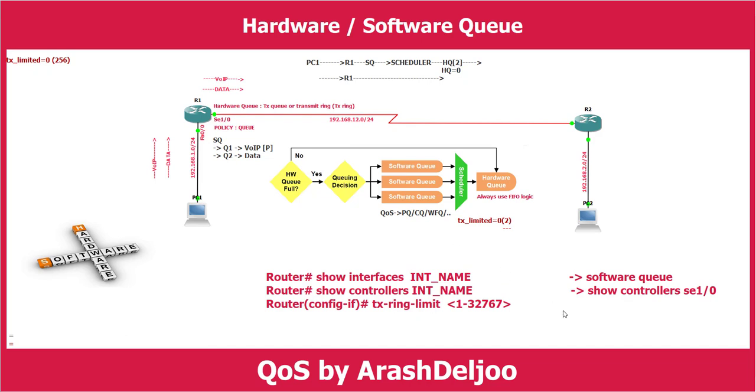Because of that, it is important for us to know about the hardware queue. In some cases, maybe you need to tune the hardware queue. After this video, you will learn only about the different queuing mechanisms that we have for software queues, like PQ, like CQ, and other mechanisms.